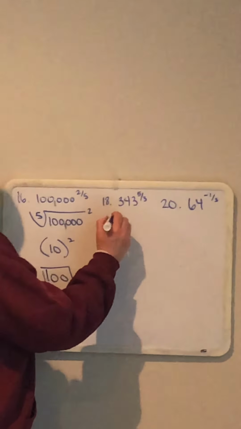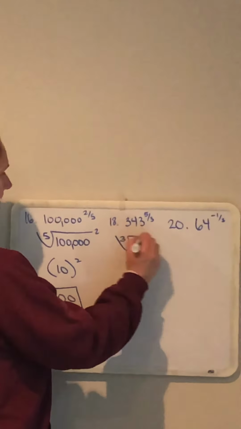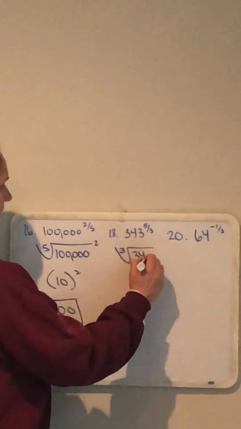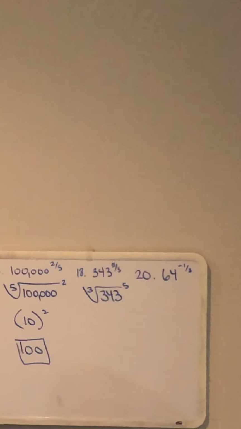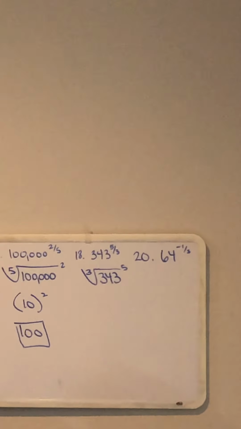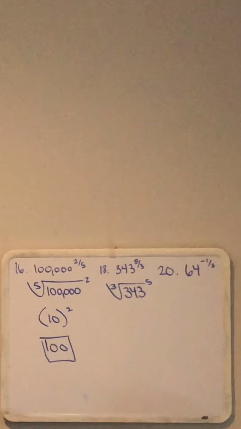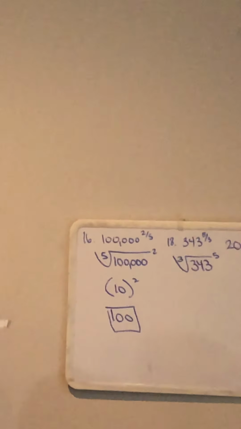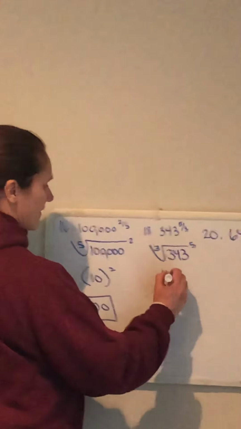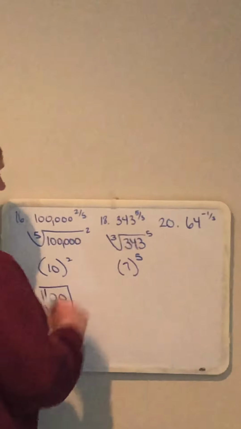343 to the 5/3 means the cube root of 343 to the 5th. This is going to be ugly. The cube root of 343, I believe, is 7. 49, yep, 7. So this is 7 to the 5th.